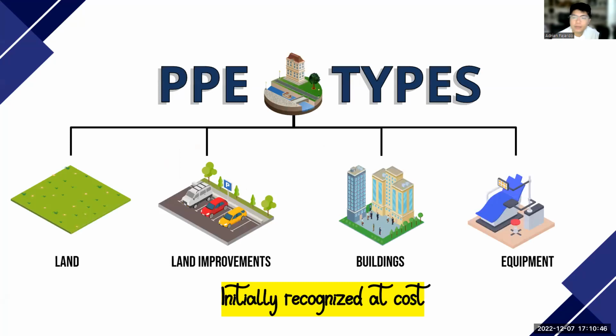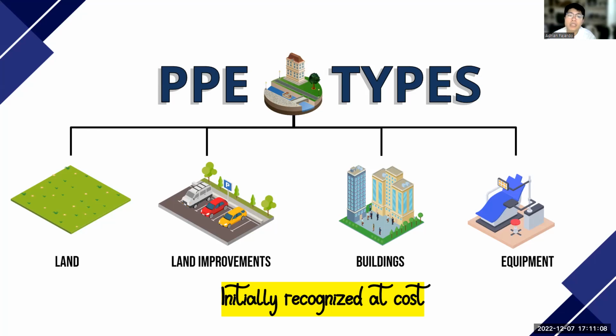So to summarize, all PPE types are initially recognized at cost, right? That is consistent. Now, what you need to master is the costs associated with each. So, leveling, grading, clearing of trees, land survey, assessment for land improvement, driveways, right?